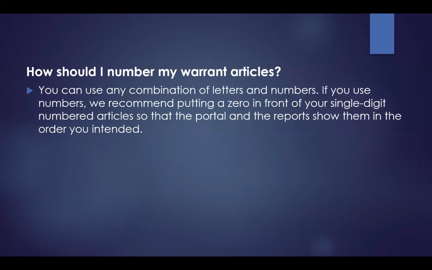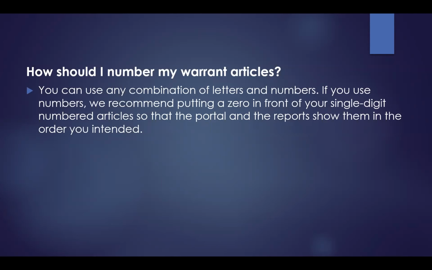Now, how should you number your warrant articles? This is entirely up to you. I see towns use letters. I see towns use numbers. Some of them use the year and a letter and so on. The only thing I will say is that if you're using just numbers, 1 through 9, 10 through 20, I'd recommend putting a 0 in front of the single digit numbers so that they sort correctly in the portal and in the reports.